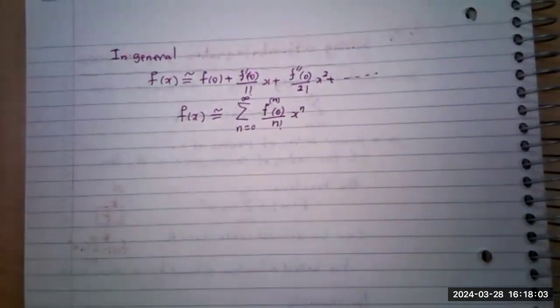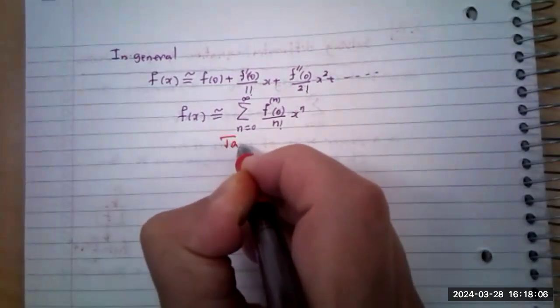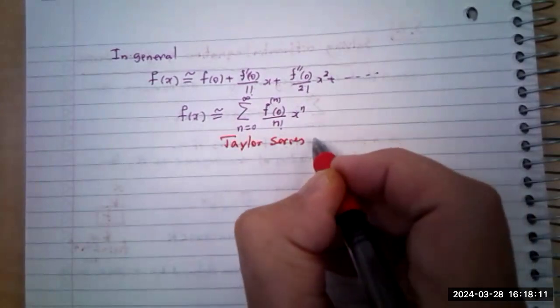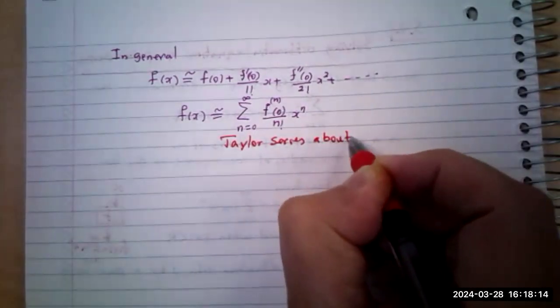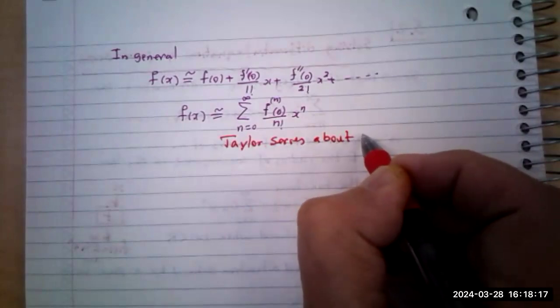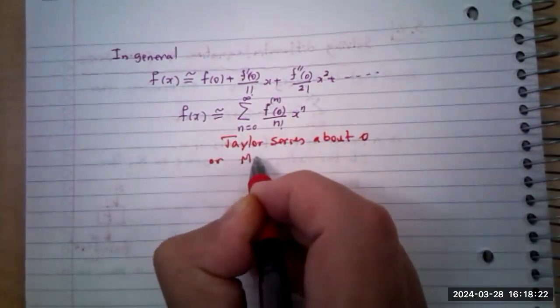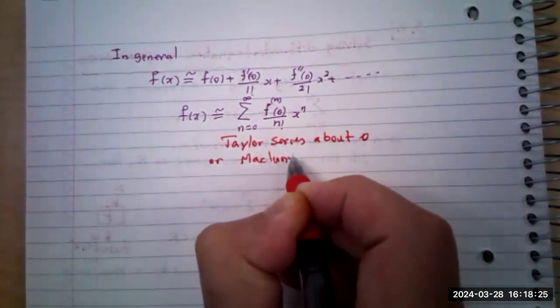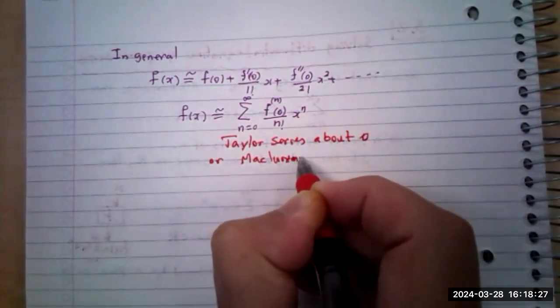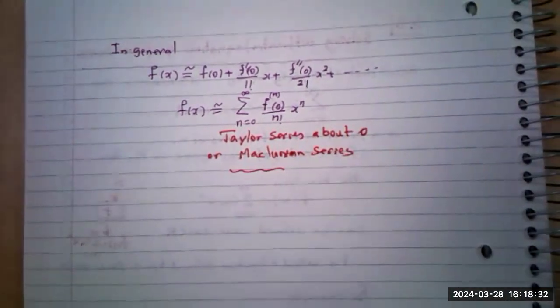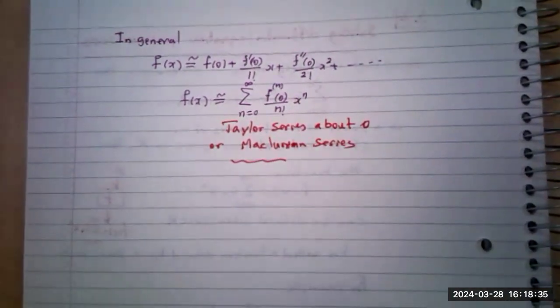That's a Taylor series about 0, or this is called the Maclaurin series. Everything that I wrote, the sine, cosine, exponential function, all of them are Maclaurin series. You have seen this in calculus, in calculus 2.